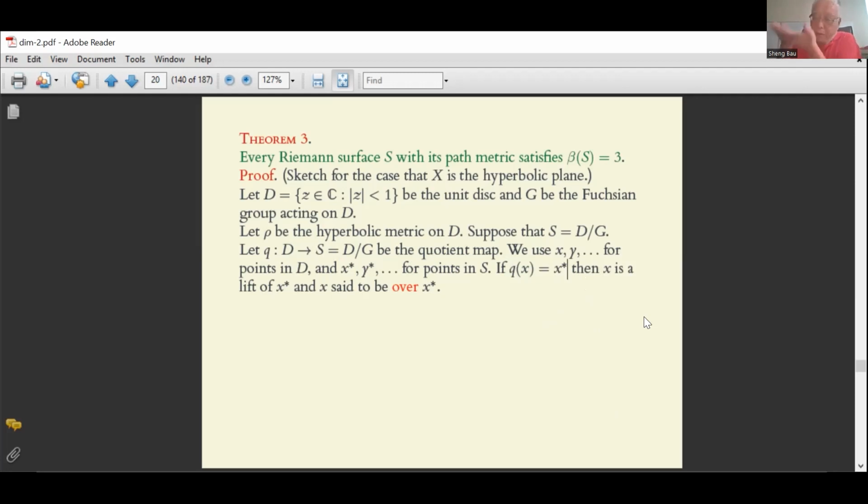In topology, you map it down and lift it up. And you call x the cover of x star. There might be many points, because the group is discrete, so there will be finitely many points above x star which cover it.